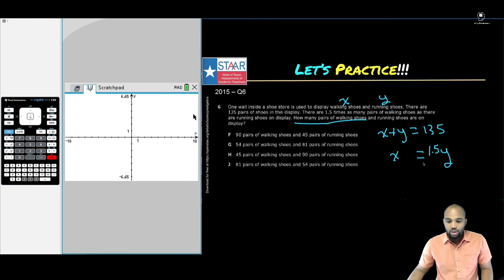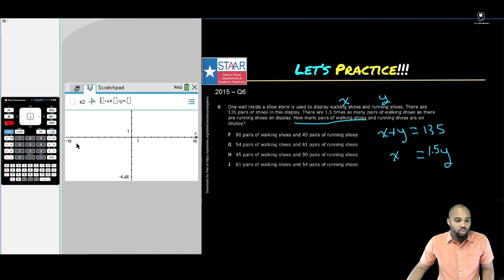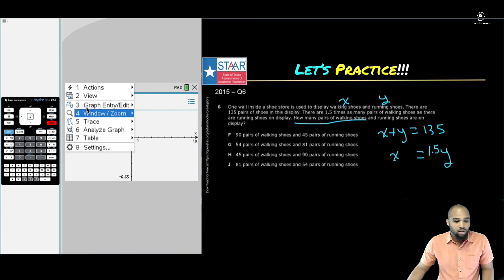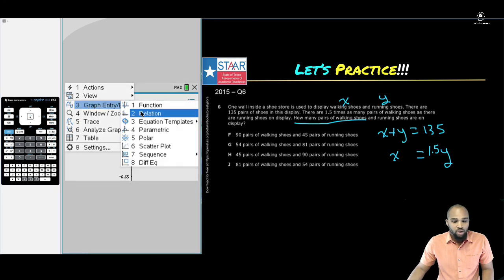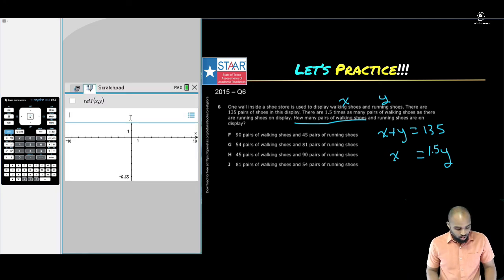So that's my first one. What about this one? This is not in standard form. Now you could make it in standard form by subtracting 1.5x and setting it equal to 0. But let's say we didn't want to do that. So I could go back to menu, graph, and put it in relation and put anything I wanted to. X equals 1.5y.